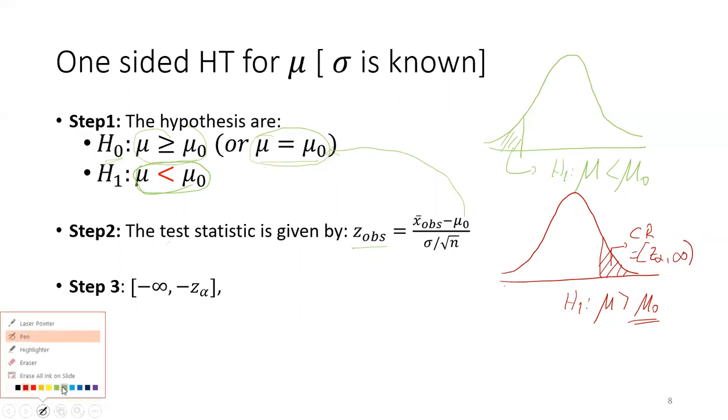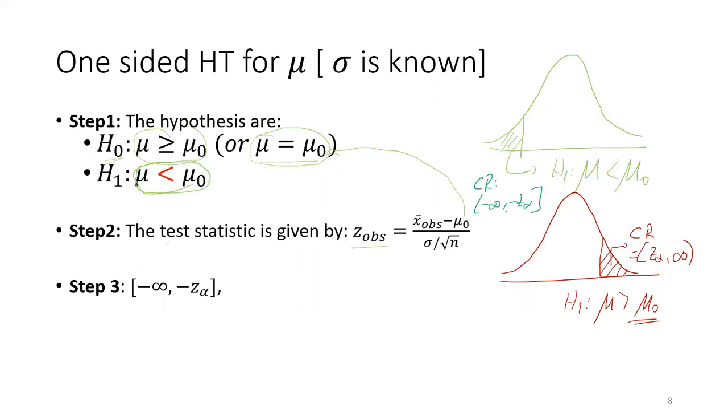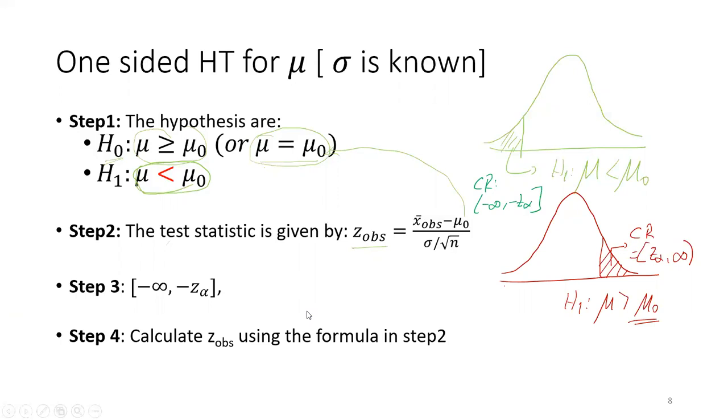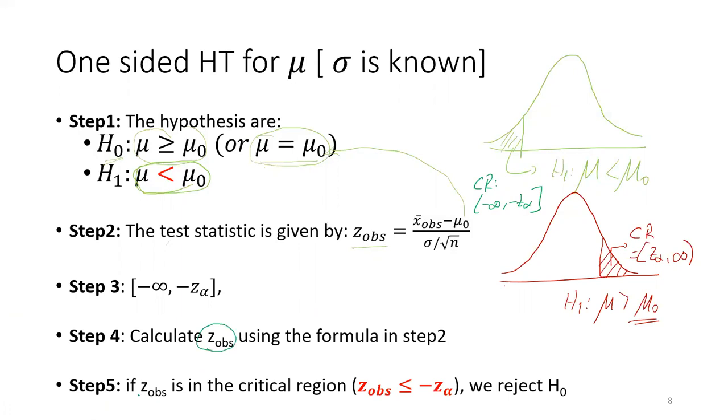In the previous one, your critical region here is (minus infinity, minus z alpha). Great. Then calculate your z observed. If the z observed is in the critical region, which means z observed is smaller than or equal to minus z alpha in this case, then we just reject H0.